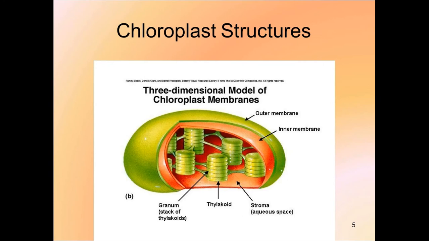The stack itself is called the granum. The individual green circle is the thylakoid. This is where a lot of photosynthesis is going to take place. And the stroma is the goo that provides shape for a chloroplast, just like cytosol does, and it will also provide a place for some additional chemical reactions to happen.